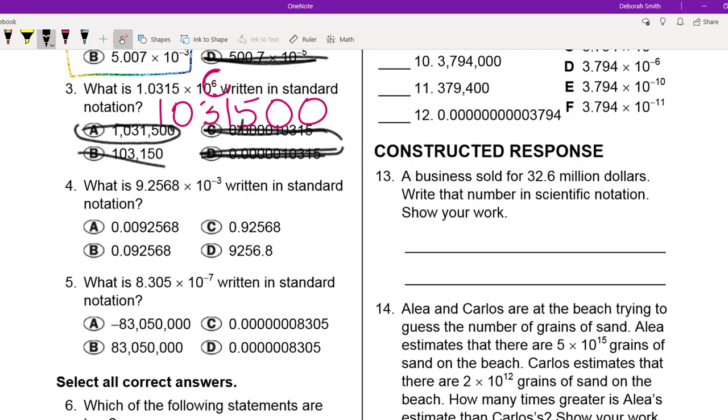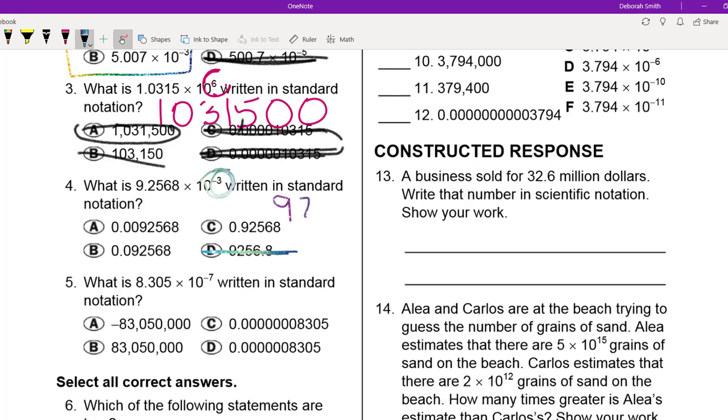What is this number written in scientific notation, or excuse me, in standard notation? So the negative tells me it's going to be a small number. So I'm going to get rid of D for that reason. The 3 tells me I'm going to move that decimal 3 times.